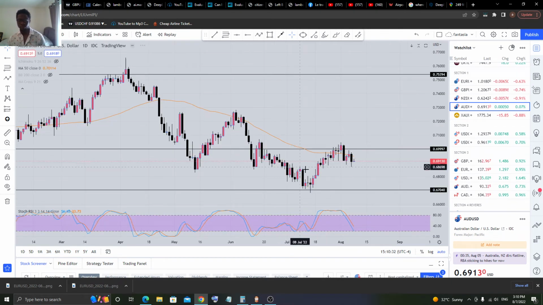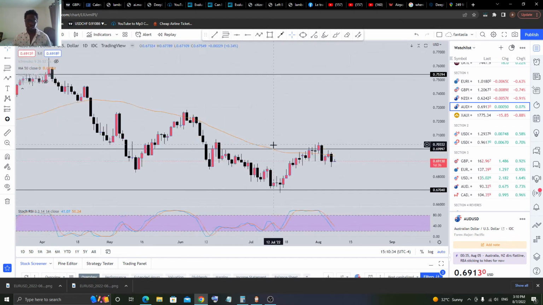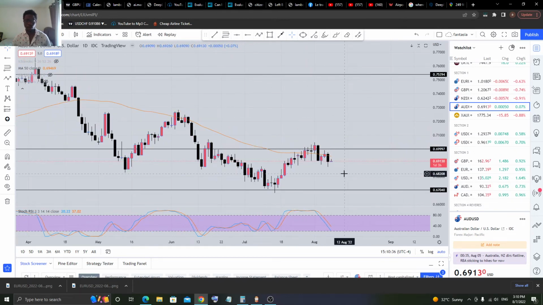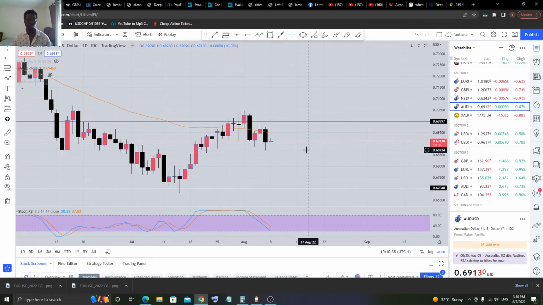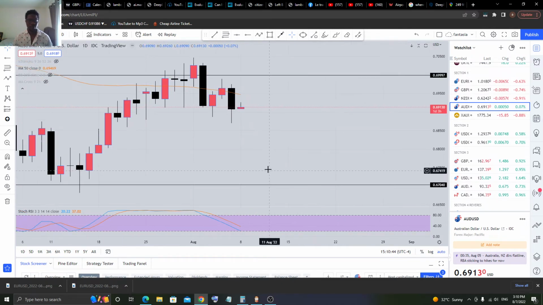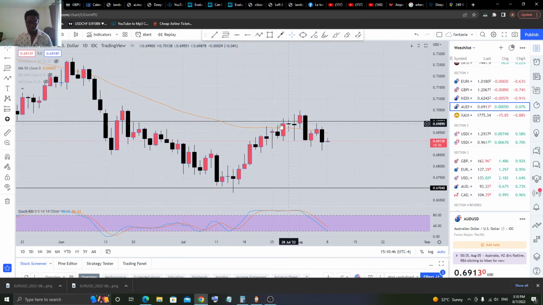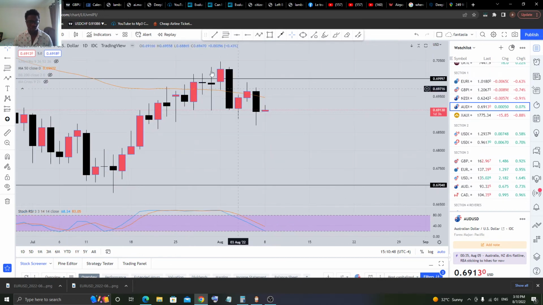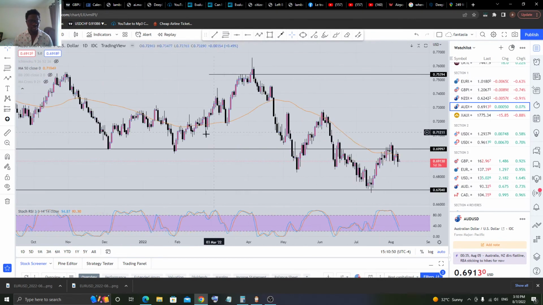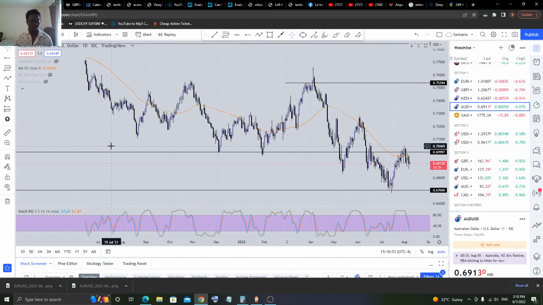So let's go right here again. So now how can we analyze this market and be able to take a trade in this market? What I can see from this perspective is that price came to test this zone. Okay, so this was a big support. Look at this, a big support.